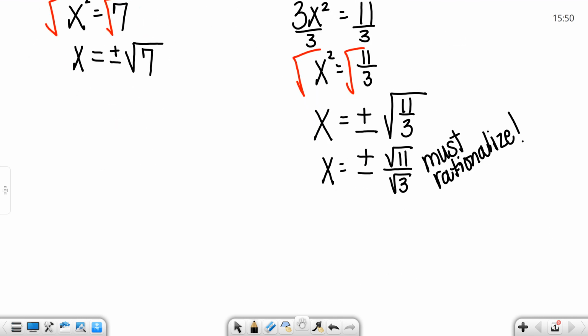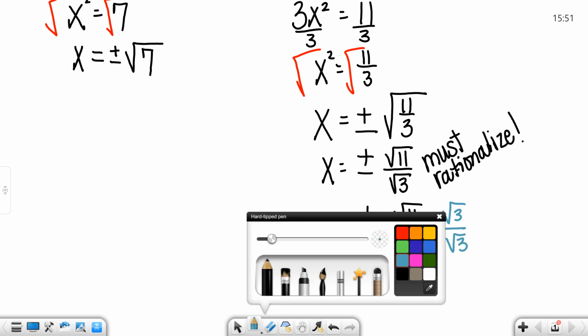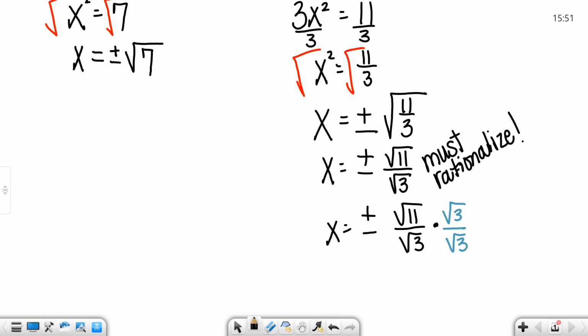Okay, so let's rationalize here. Still have my plus or minus. So we're going to multiply the numerator and the denominator by the square root of 3. So that leaves me with x is plus or minus the square root of 33 over the square root of 9.